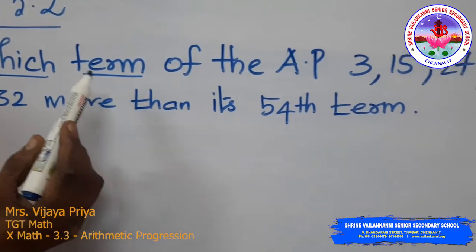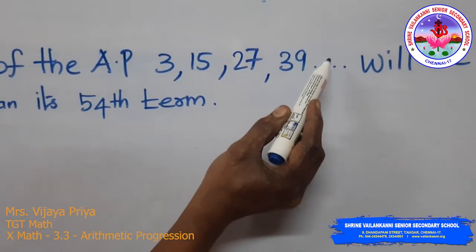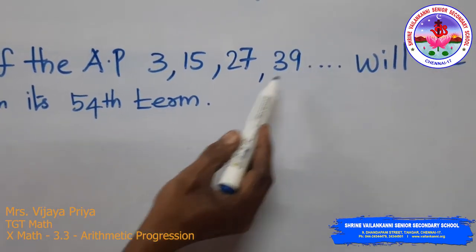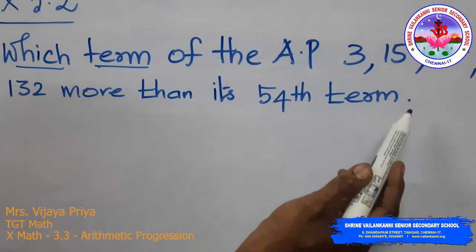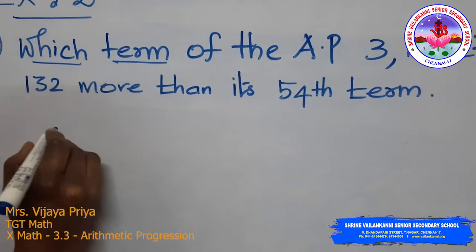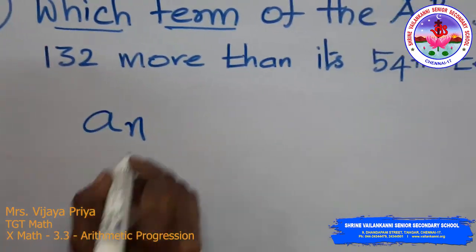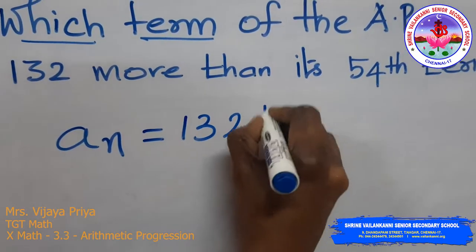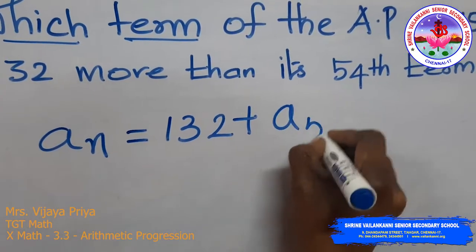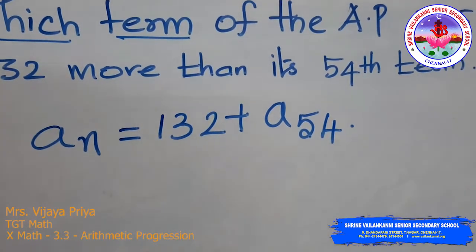At what value of n do you have a number an in the sequence which will be 132 more than its 54th term? That is, he wants you to find an, which is equal to 132 more than the 54th term of the given AP.